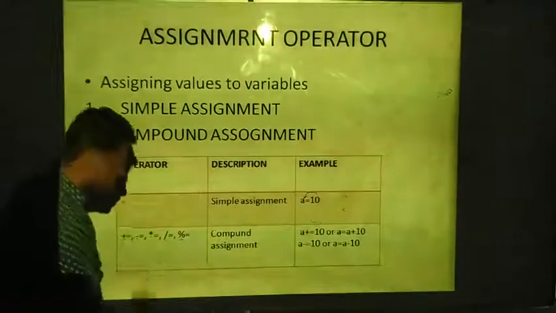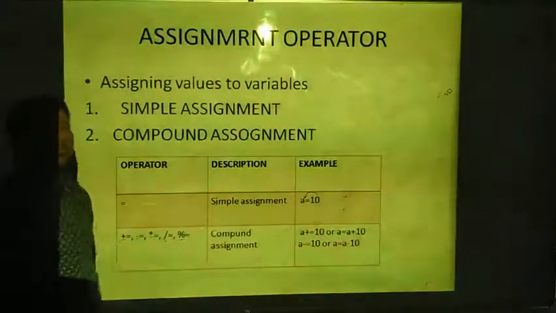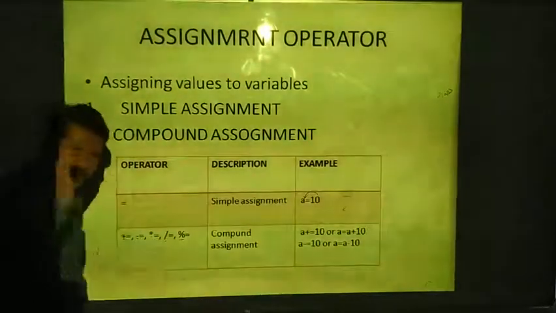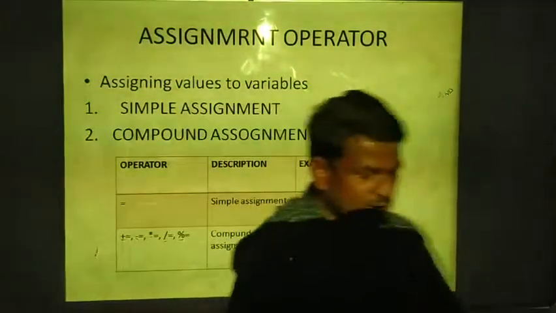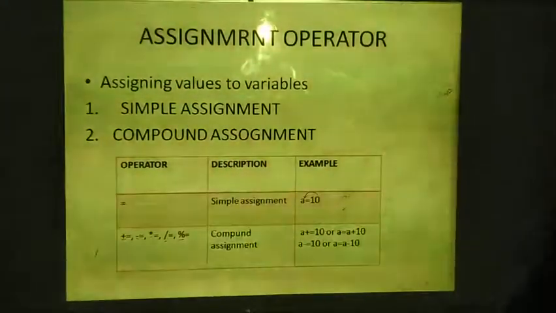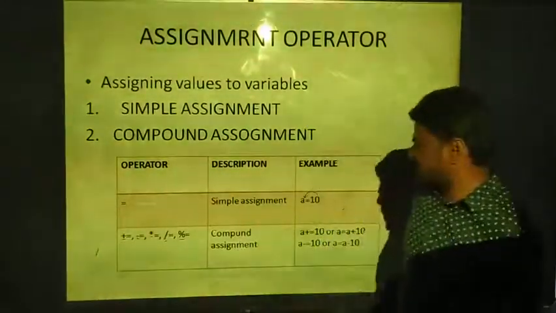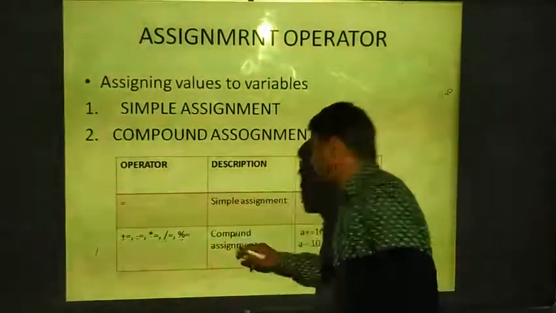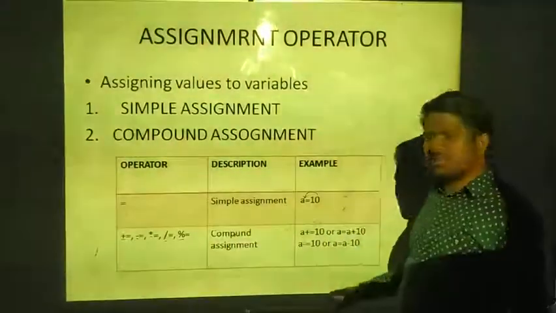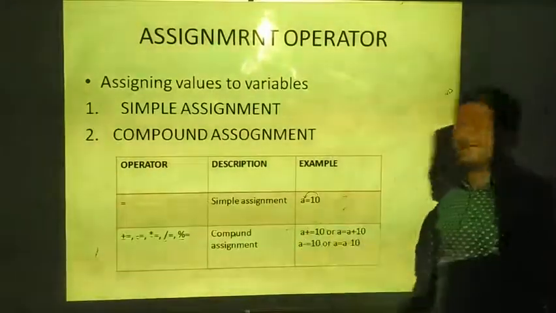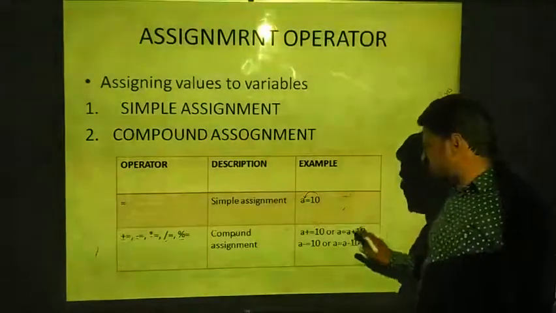Division, this is modulus. These are all arithmetic operators. Here, compound assignment operator means a combination of an arithmetic operator as well as the is equal to symbol. You can see the is equal to symbol here. So in compound assignment, the statement will be a plus is equal to 10, or a is equal to a plus 10.